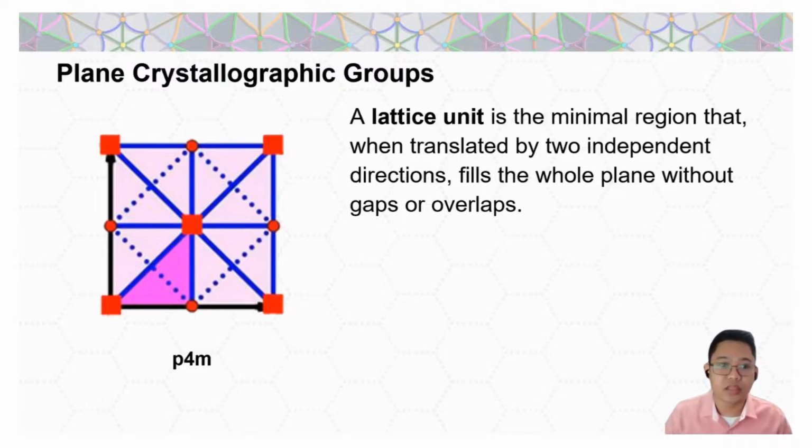So, for example, if you have a pattern and then you put your pattern inside this lattice unit and then use the vectors to translate that particular pattern, then you will generate an infinite pattern. I will show this to you later.